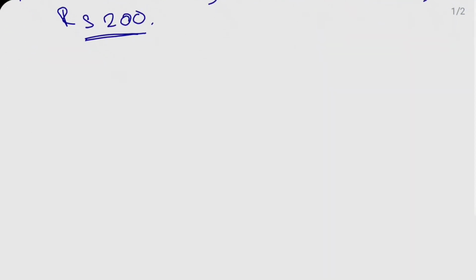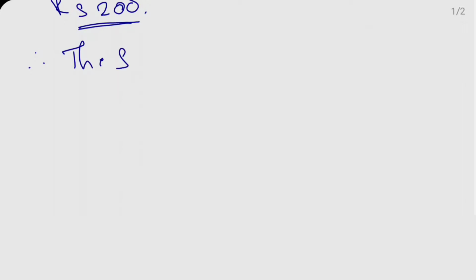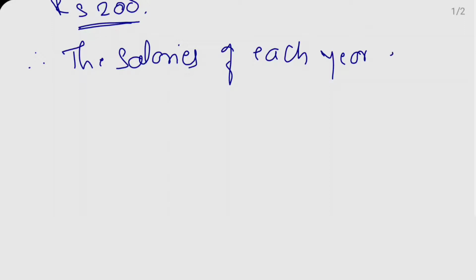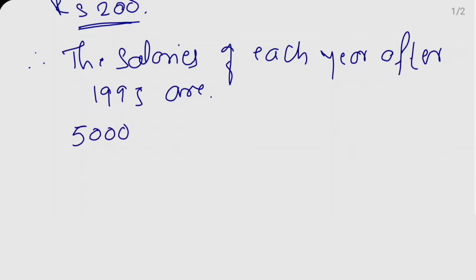So now, therefore the salaries of each year after 1995 are: in 1995 he got 5000, right?